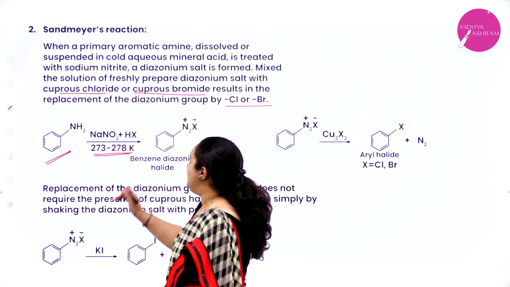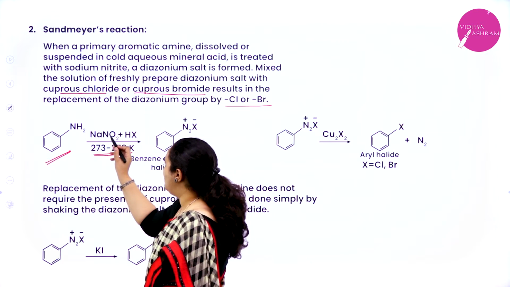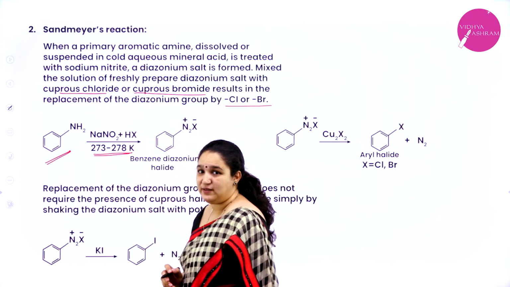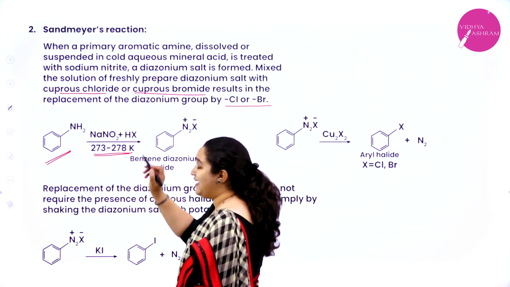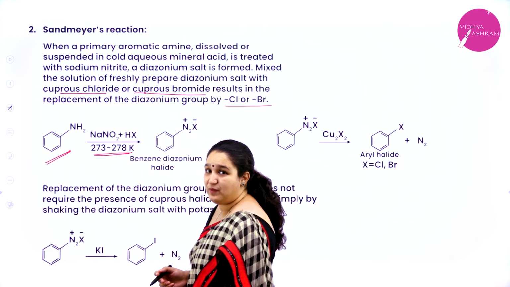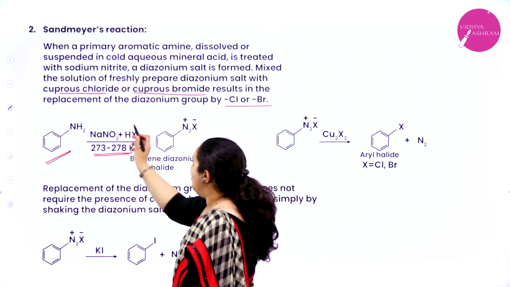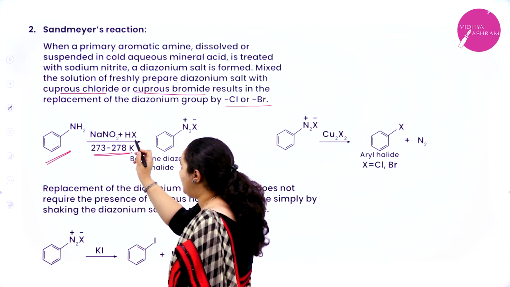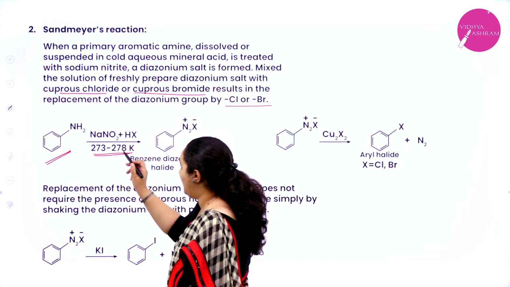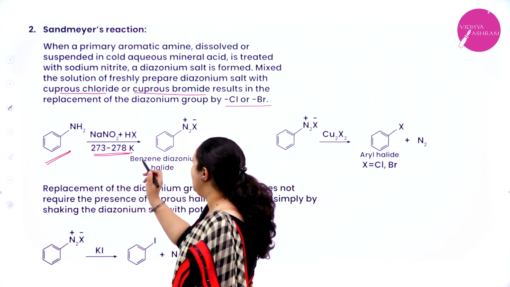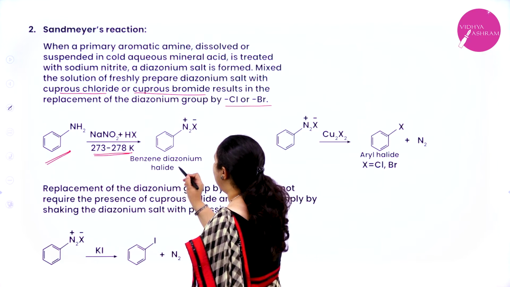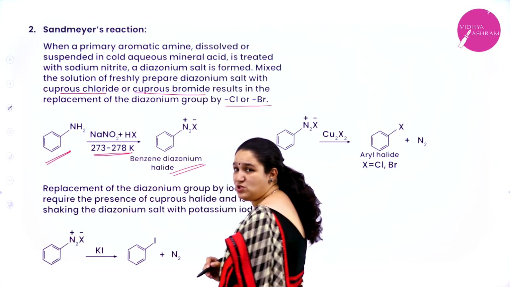In that, you are taking sodium nitrite with halogen acid. It can be HCl or HBr. Now when you take a mixture of sodium nitrite with halogen acid in cold condition, what will happen? You will get a benzene diazonium salt.